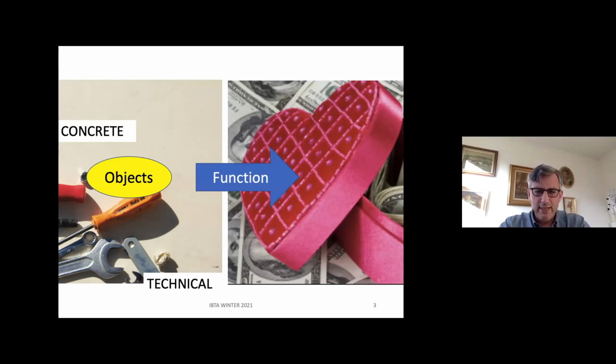A function for me is, you can't touch a function. You can say, I'm looking at somebody that is walking, but the walking is intangible. You cannot take the function as you could take the object. So function is already a bit intangible for me.